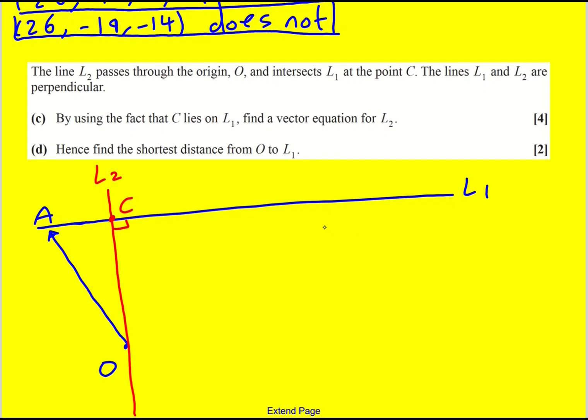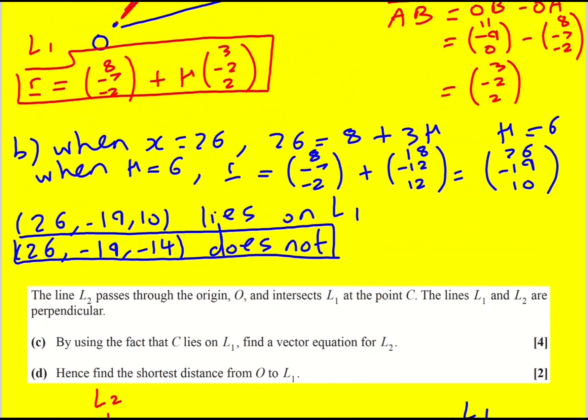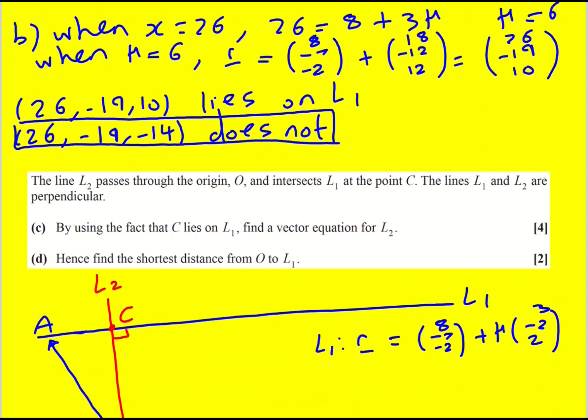Let's just remind ourselves, L1 had r equals 8 minus 7 minus 2 plus mu times 3 minus 2, 2. Let me just double check that. That was up here.